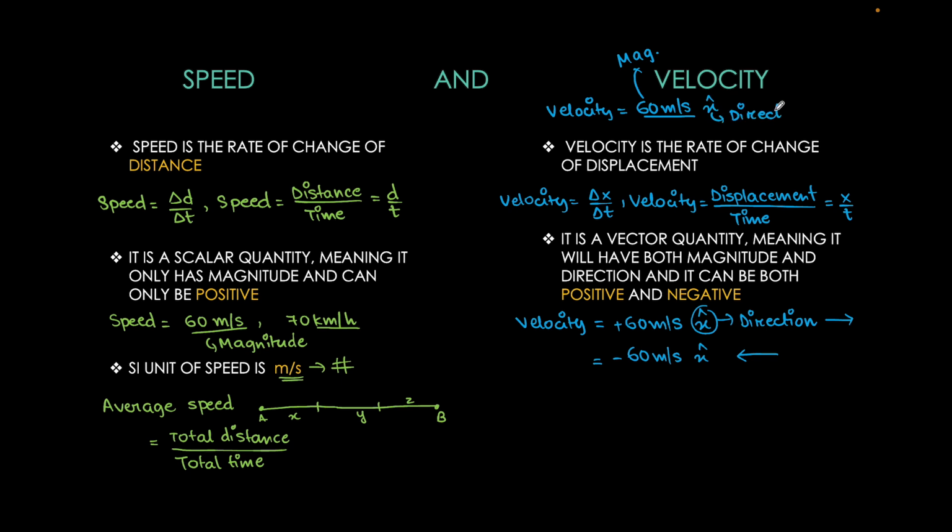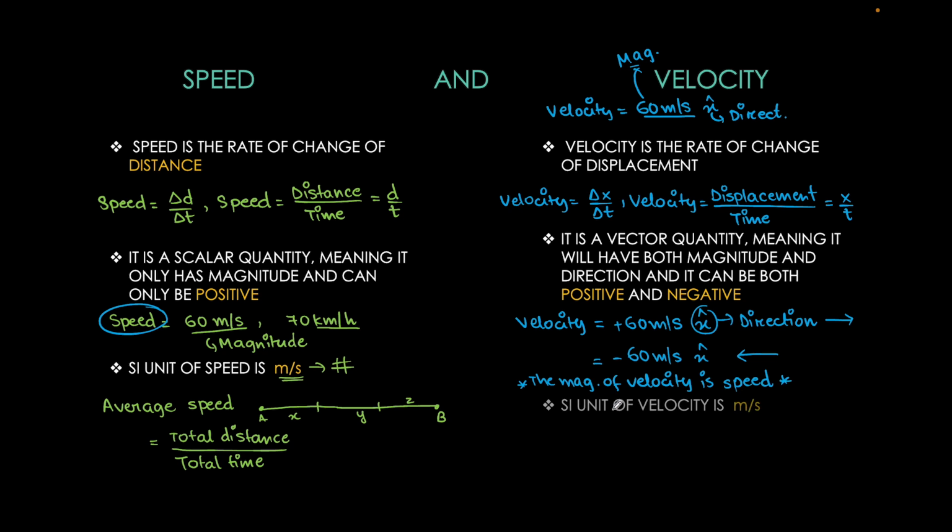Now, if you consider only the magnitude, which is 60 meter per second, don't you think it is the same as speed? Right? So what we can tell from this statement is that the magnitude of velocity is speed, and this is a very important statement.